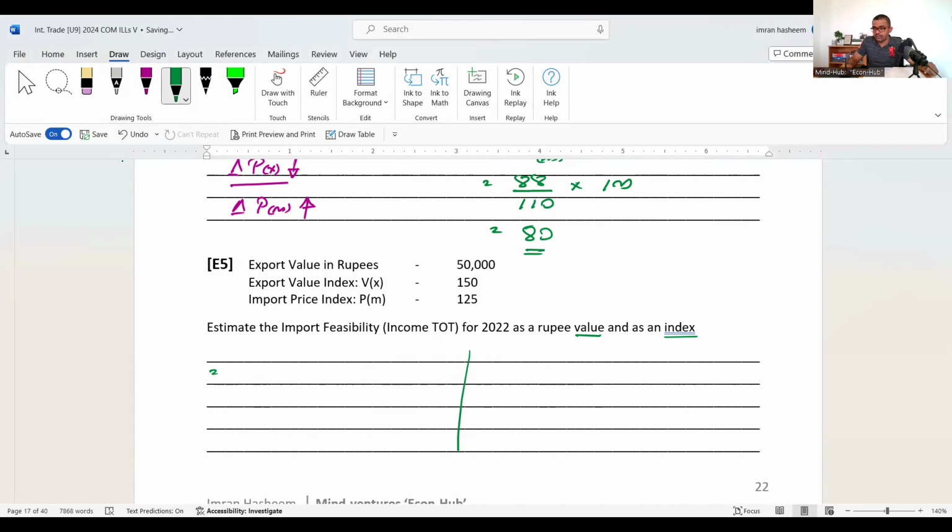So export rupee value is 50,000. Do you guys want to do this on your own? Please take 1 minute and do it. Okay. You have the formulas and stuff. Right. Let me know quickly.